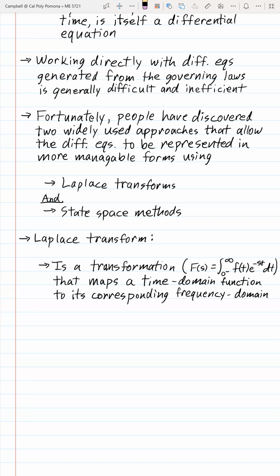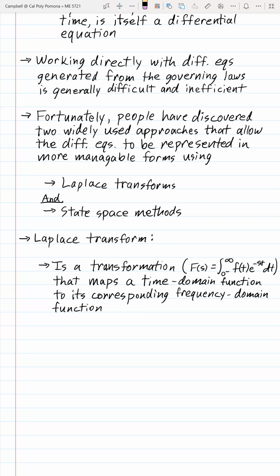domain function. Now, technically, so I mentioned that there's a little bit of a misnomer here. Technically, it's really an S domain function. Generally, the frequency domain function is captured by the Fourier transform. But nonetheless, from a practical perspective, folks out in industry will almost always call the S domain version of the function the frequency domain.